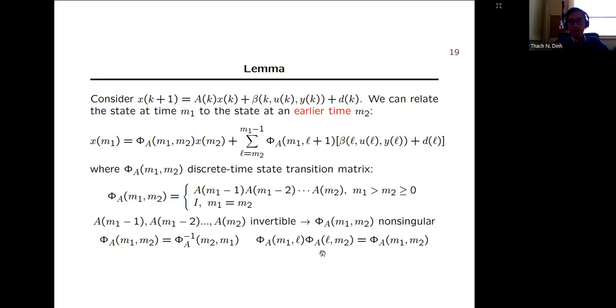This relation is quite famous and has no difficulty to prove. Phi A from m1 to L multiplied by phi A from L to m2 equals phi A from m1 to m2. So those relations are the key idea for the development of this part.